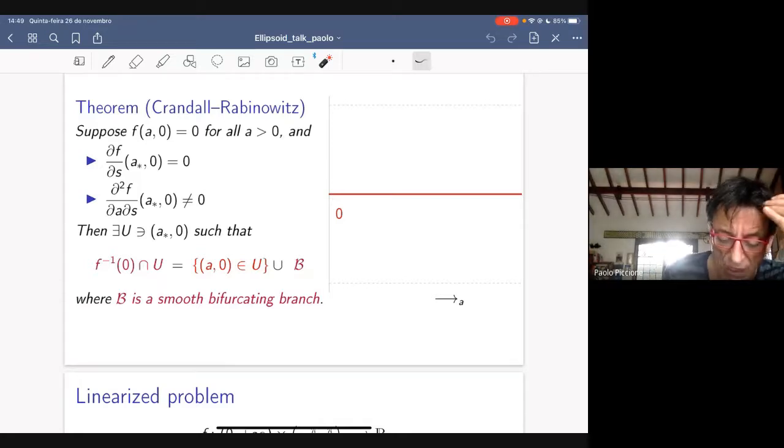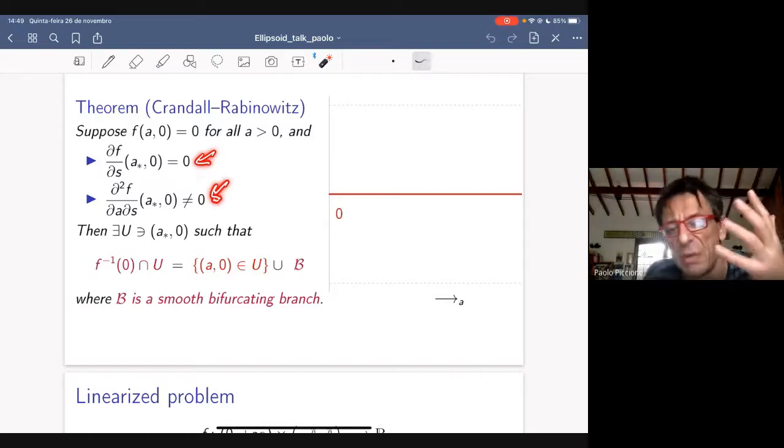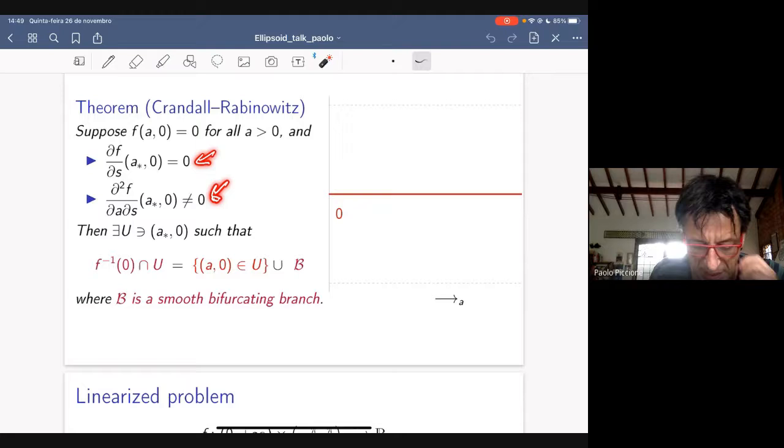Suppose that at some instant A, the derivative of this function with respect to S is 0, but that the second derivative with respect to A and S is non-zero. This is a degeneracy condition, and this is a transversality condition, the two basic assumptions for bifurcation.